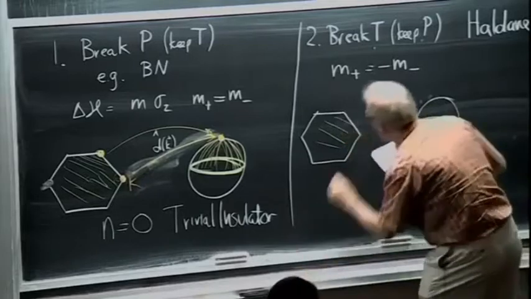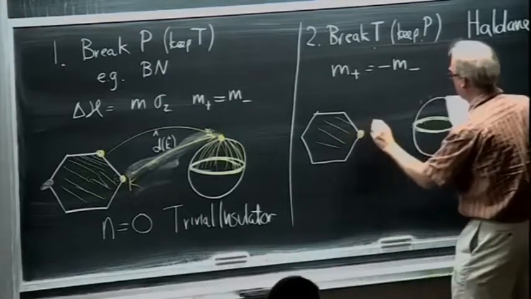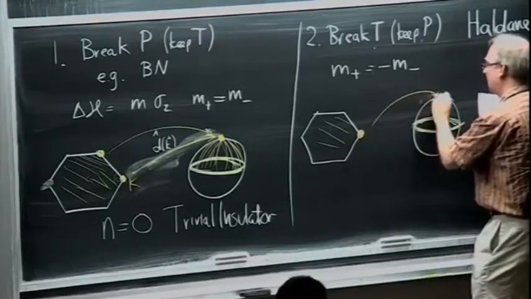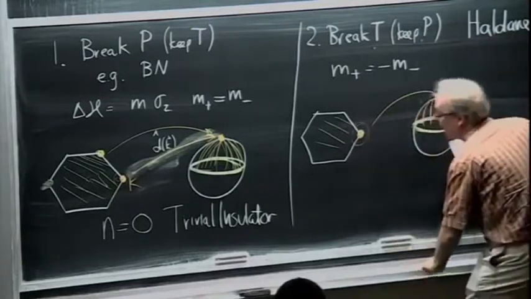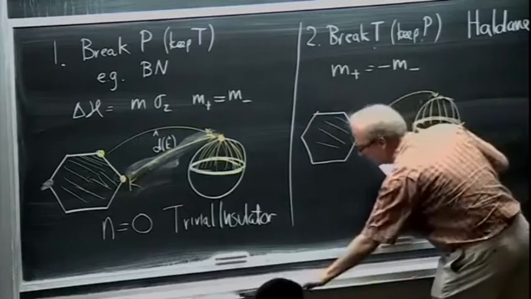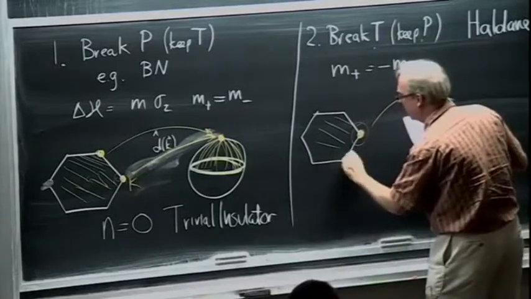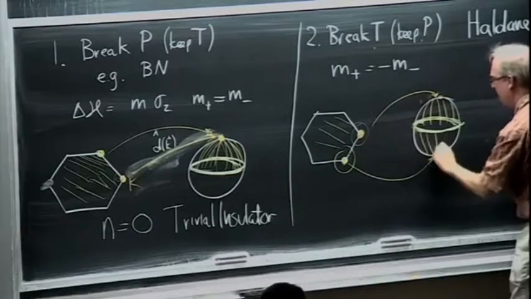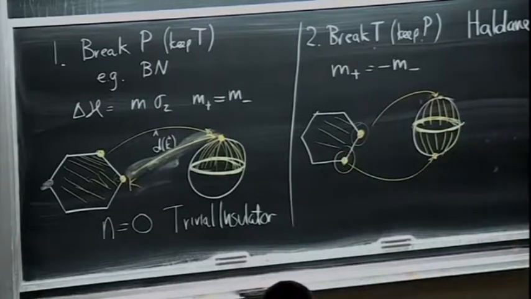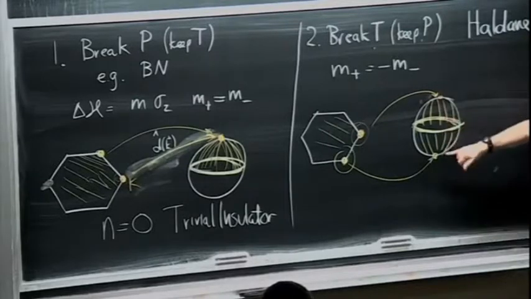The K point still gets mapped to the North Pole, and the K prime point gets mapped to the South Pole. Now you can immediately see that this wraps around the sphere once.